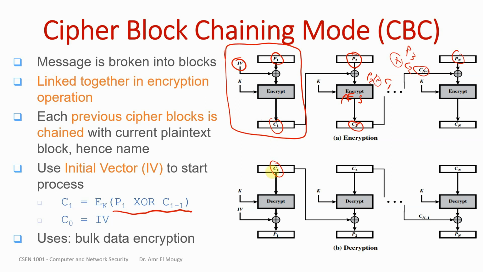So if you want to decrypt, the first step in the decryption would be to pass C1 to the decryption algorithm, which is also the decryption algorithm of AES. Okay, so you have decrypted. What was the stage before encryption? Here, it was the XOR of P1 and IV. So P1 XORed with IV is the input to the encryption algorithm.